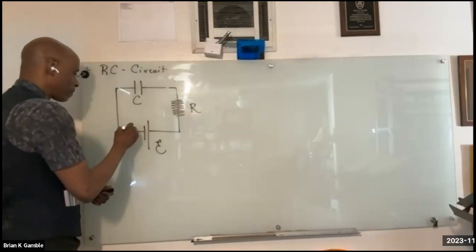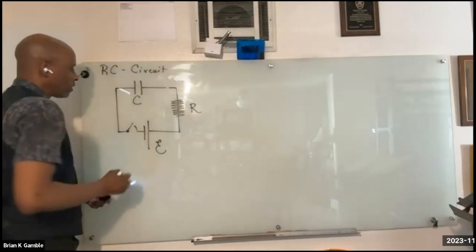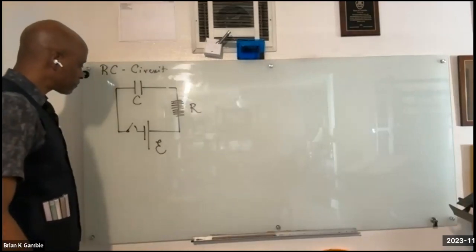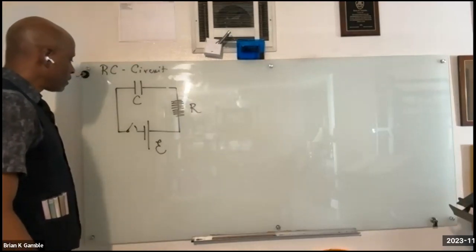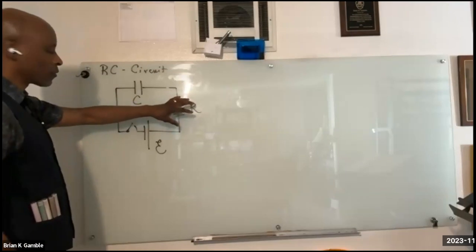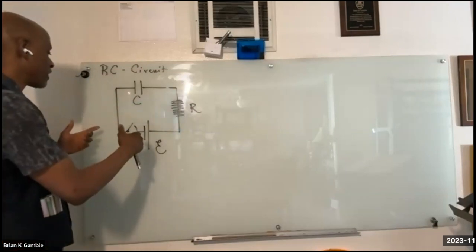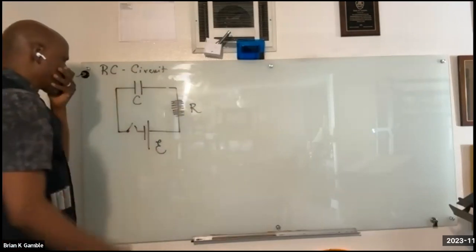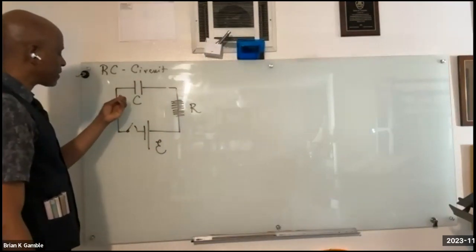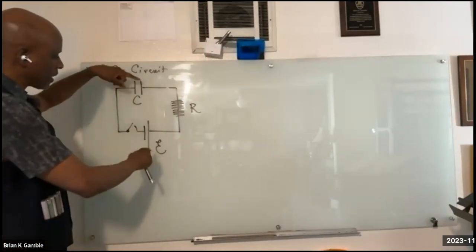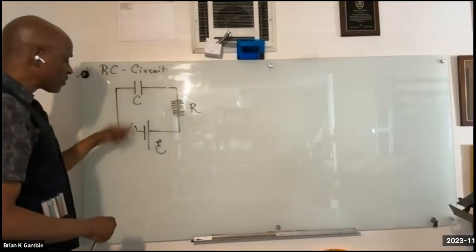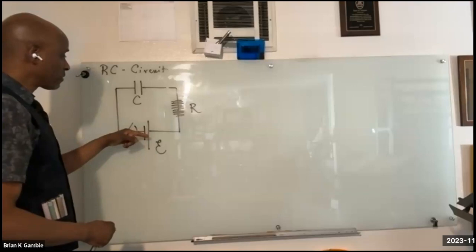Even in an ideal circuit where there's no resistance, as the capacitor charges, it develops a voltage with the opposite polarity of the battery, and so the current will die down. As soon as I close the switch, the current is a maximum.